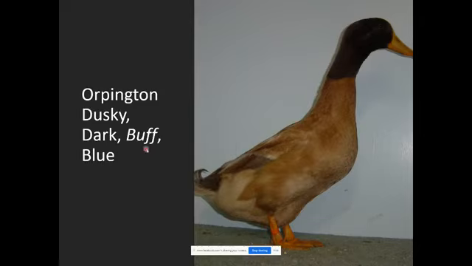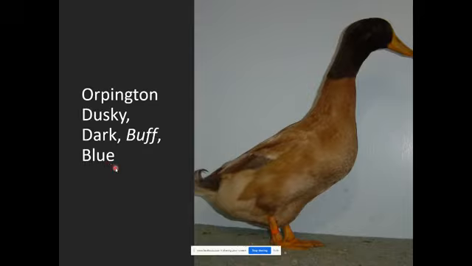It has a mutation that I haven't talked about, which is buff, which is a sex-linked gene and acts similarly to the brown dilution we just saw. And it is blue.